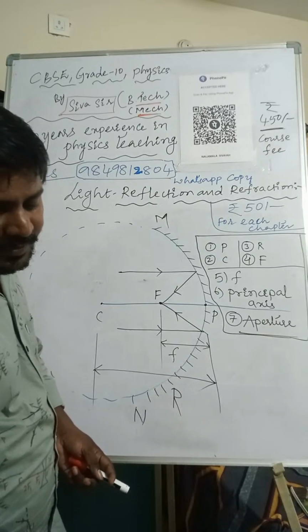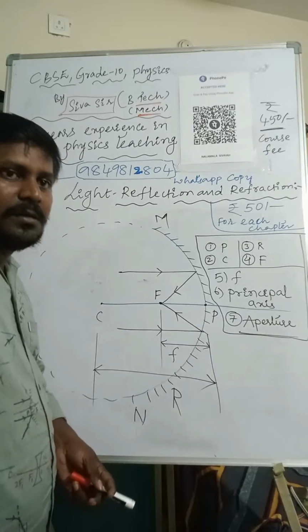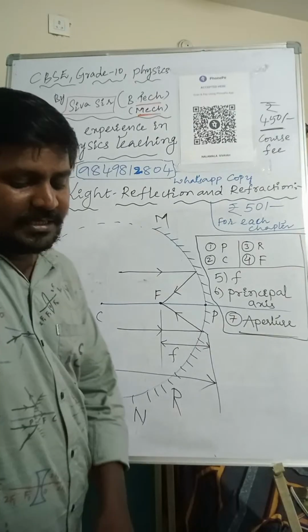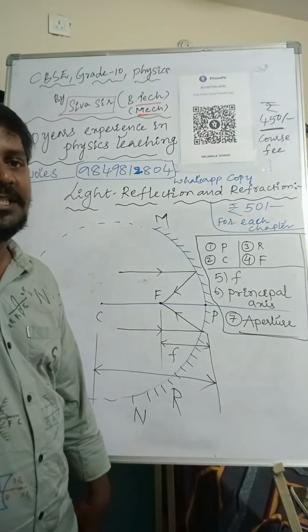So next one we'll go with the image formations. Ray rules are there. After ray rules, we'll go with the image formations.